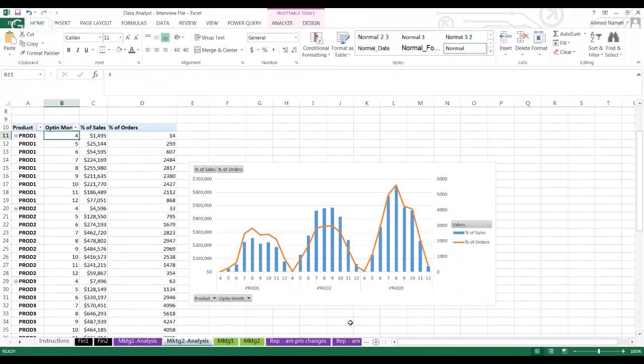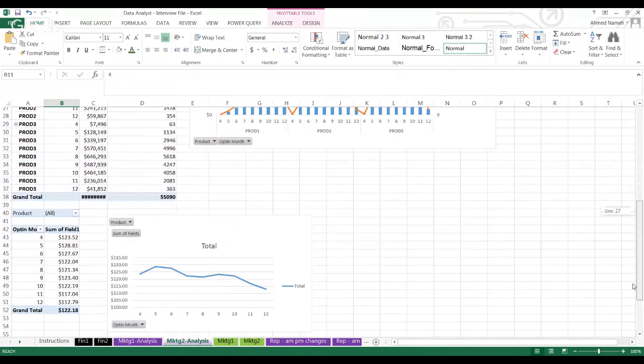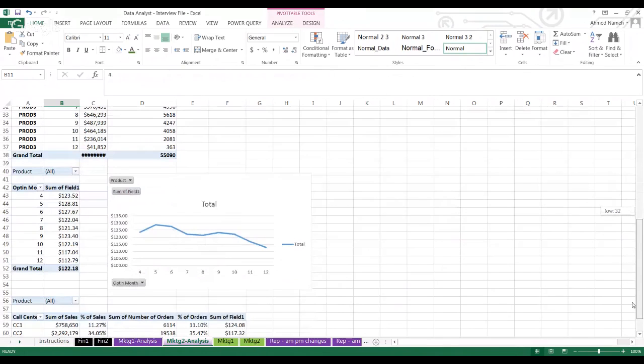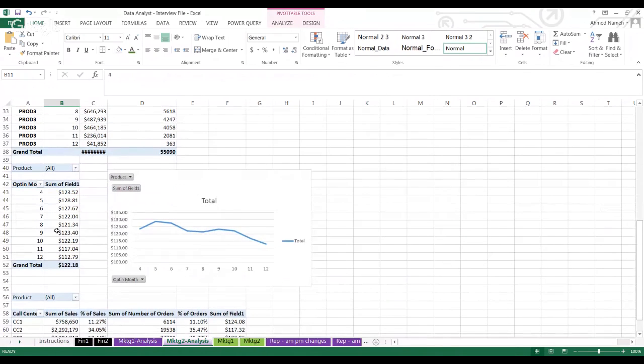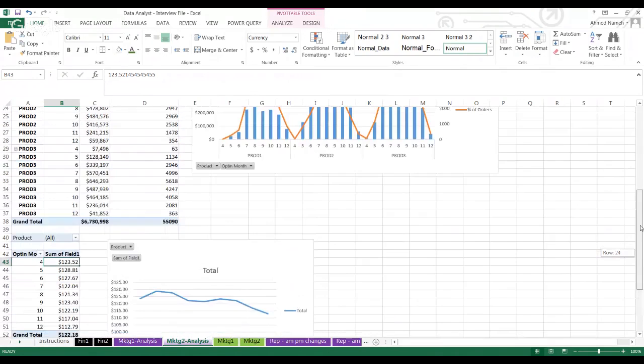They all peak in months 7, 8, and 9 based on the opt-in month. Another trend that I uncovered is that the price per order remains stable for all 3 products throughout the months in which they were sold.